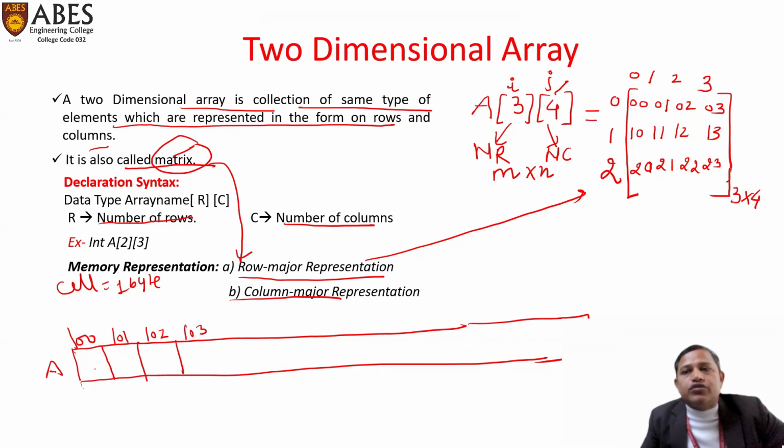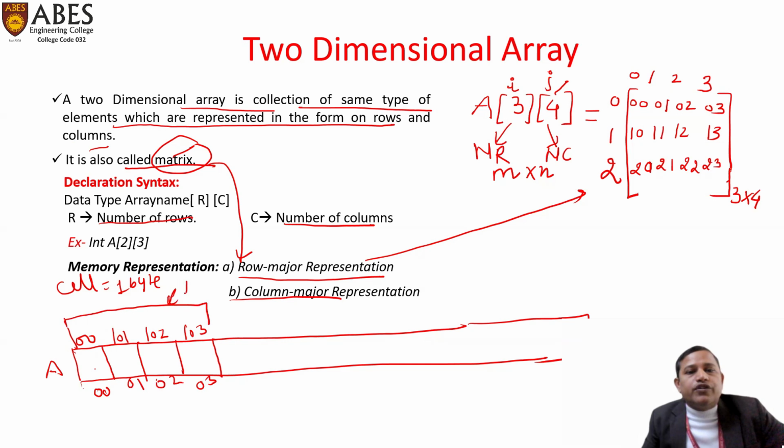The size of this array is 3 into 4, that is 3 rows and 4 columns, so 12 elements. If you start with index 0, it looks like 0,0, 0,1, 0,2 and 0,3. This is your first row.